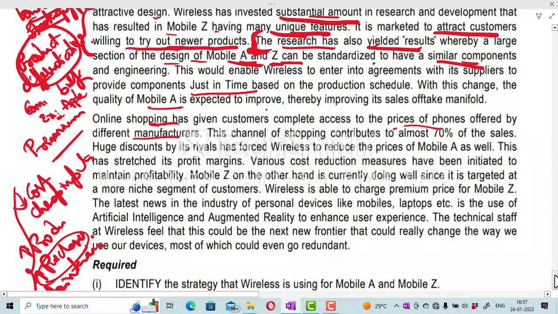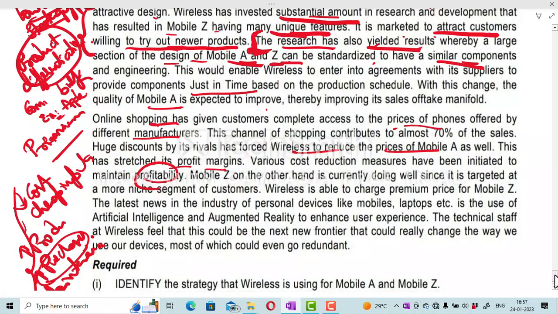This channel of shopping contributes to almost 70% of sales. Huge discounts by its rivals have forced Wireless to reduce the price of the mobile as well. This has stretched its profit margins. Various cost reduction measures have been initiated to maintain the profitability. What are those cost measures? This one.